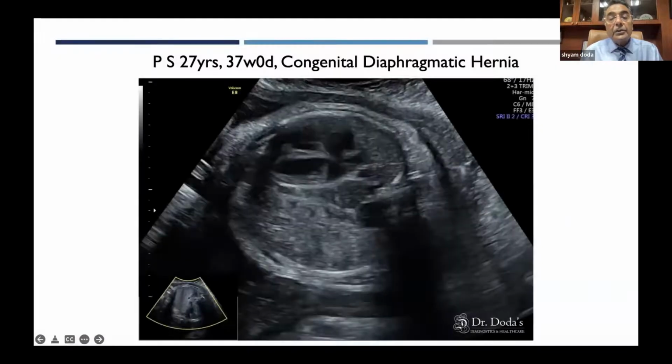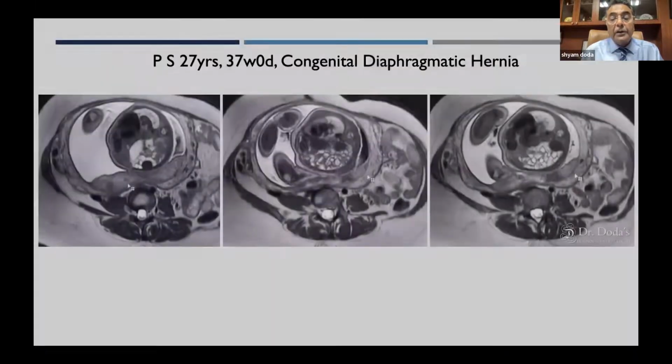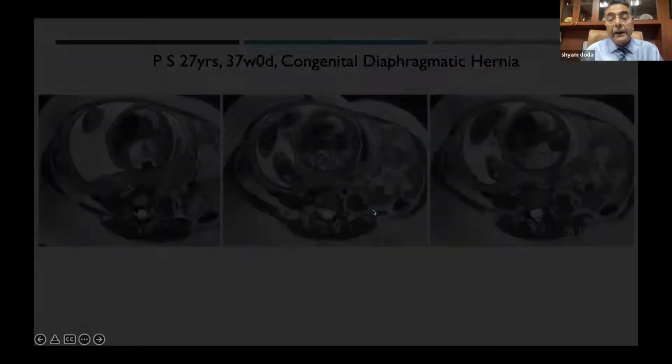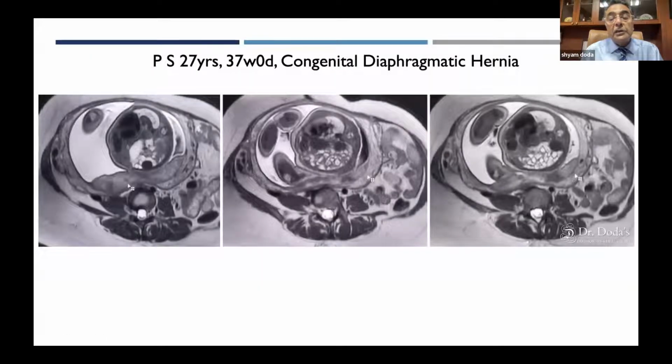Now, compared to this is another case, of course, done at 37 weeks. And you can see here again, the heart is seen here, and the stomach bubble is also seen here at the same level. When you are doing MR, of course, you see plenty of bowel loops over there in the chest at the level of the heart, and the lung is seen on the opposite side, and the lung is completely compressed on this side, very nicely seen here.